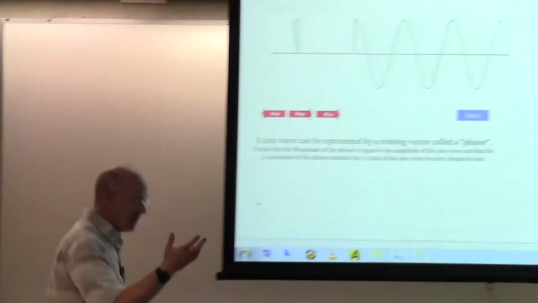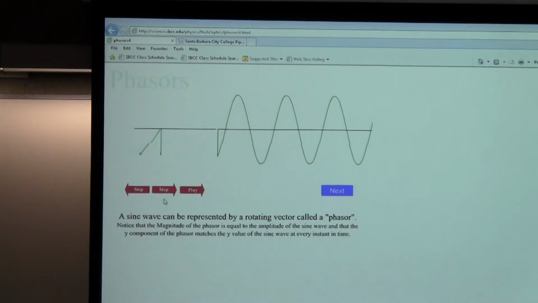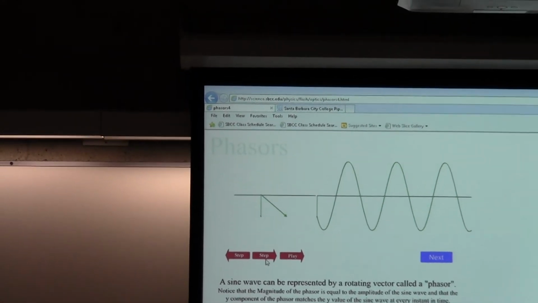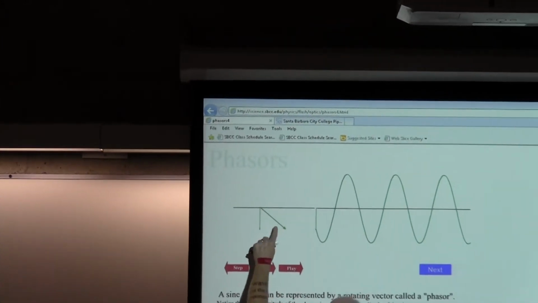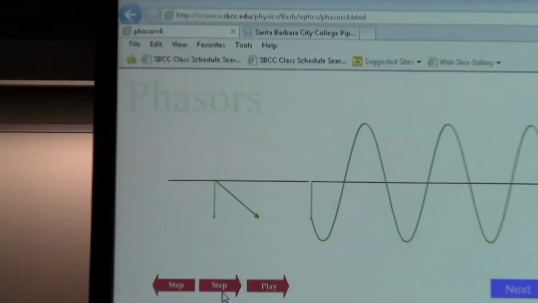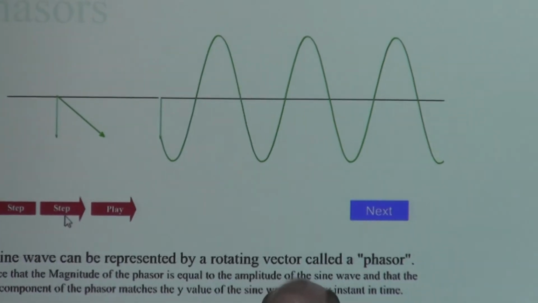Of course, you'll see it in your book like this. They'll say, okay, here's a spinning stick. But notice this is the vertical height of it. And in the animation, we just put the vertical height there so that you can see what's going on here.